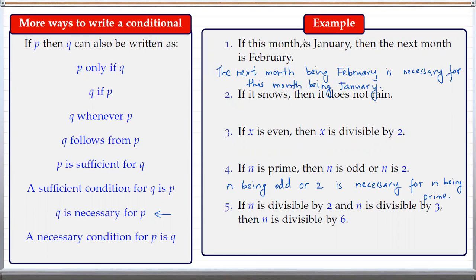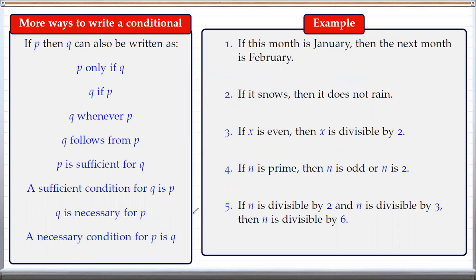Now the last format here is a necessary condition for P is Q. Let's try some examples with this one. Let's try the second one. So I'm going to start just like in the format, a necessary condition for P. Our P is it snows.